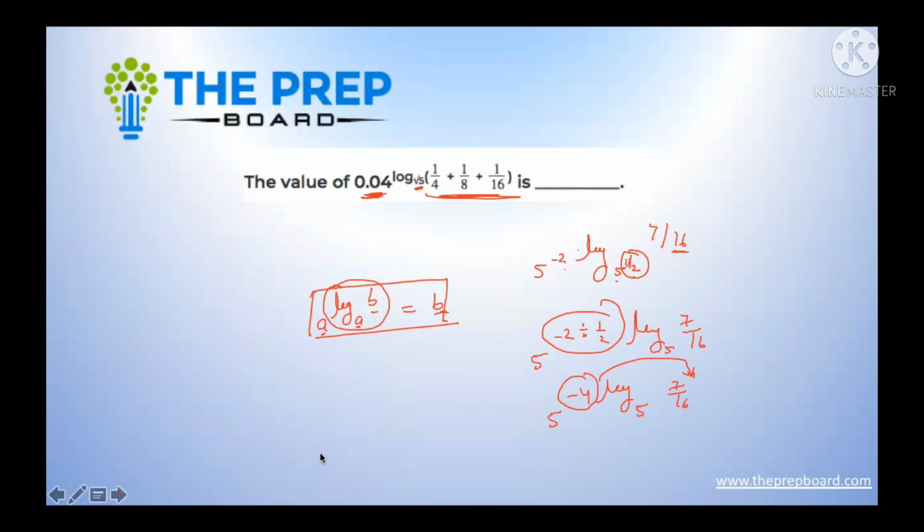So we get 5 raised to log base 5, 7 upon 16 raised to minus 4. Now, when we have the same base, the result should be 7 upon 16 raised to minus 4, or 16 upon 7 raised to plus 4. This will be the final answer.